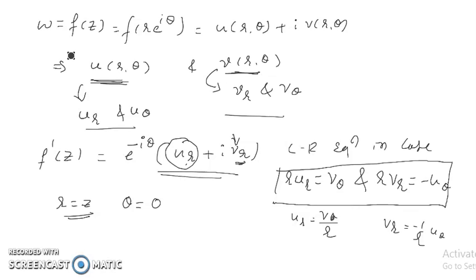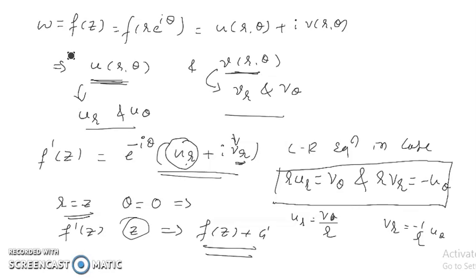That is what we call the Milne-Thomson method. Then we get f dash of z purely in terms of z, and then we integrate with respect to z. We are going to get f of z plus integral constant c. So this is what we are going to do. With the help of one example, we will discuss this one.